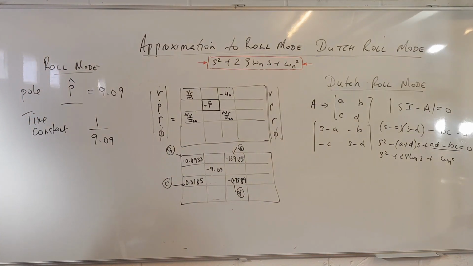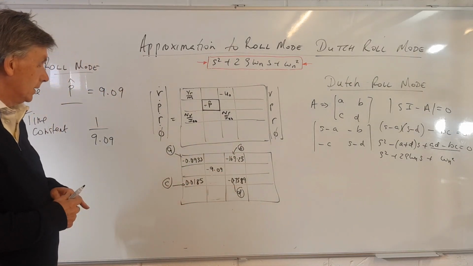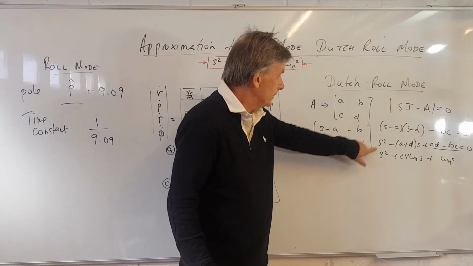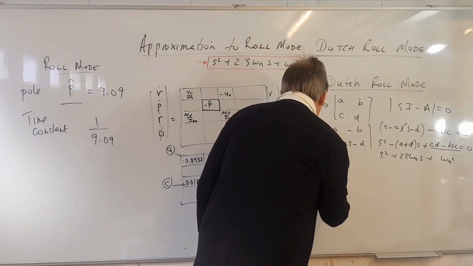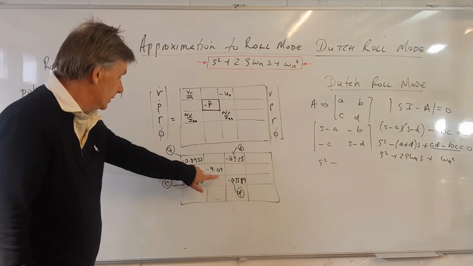So we could do an example on this now, using these numbers here. The equation that we're going to go for is this one here. It's going to be S squared minus (A plus D), so I can add this one to this one.